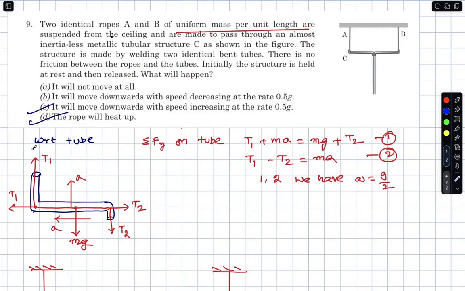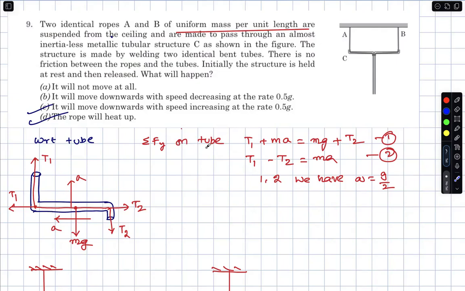So when this end is having an acceleration up, this end should have an acceleration leftwards to conserve the length of the rope. How many are convinced in my explanation of this free body diagram? Right, most of you.